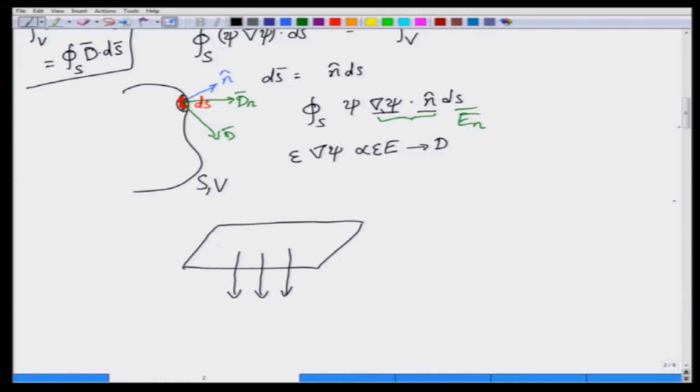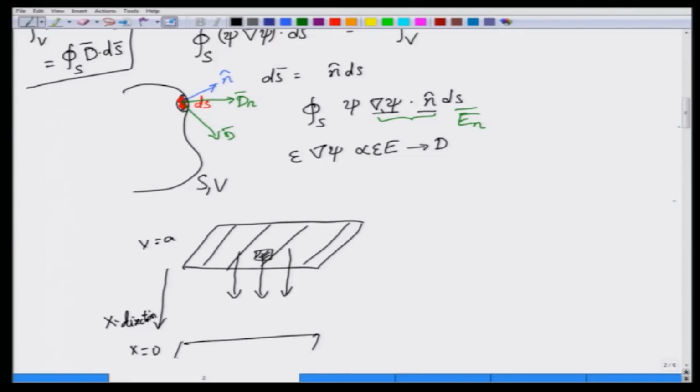If I consider this as my surface area, or a small area around this one as a surface area, and let us say I place the capacitor in the x direction, that is the plates are separated at x equal to a and x equal to 0. Sorry, I should place the top surface at x equal to 0 and the bottom surface at x equal to a, since the direction of x I assumed was downwards.